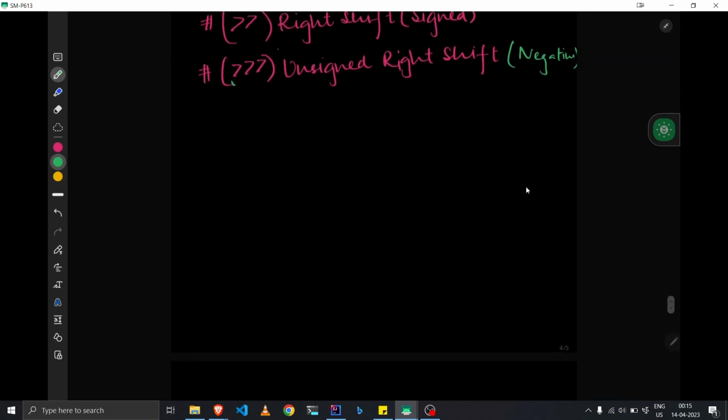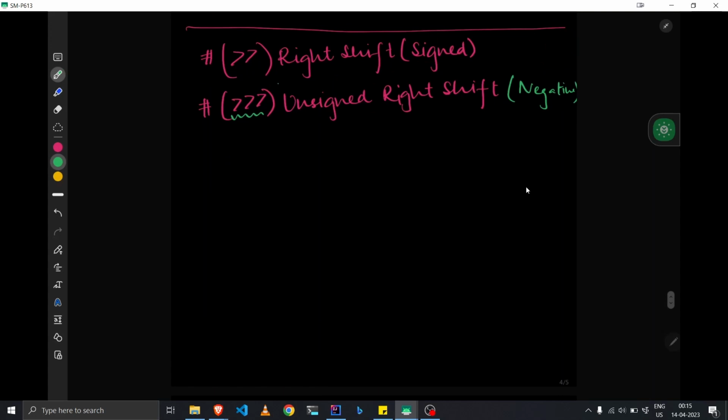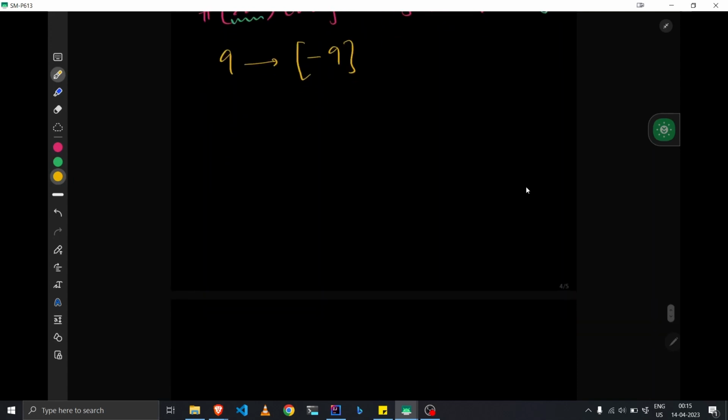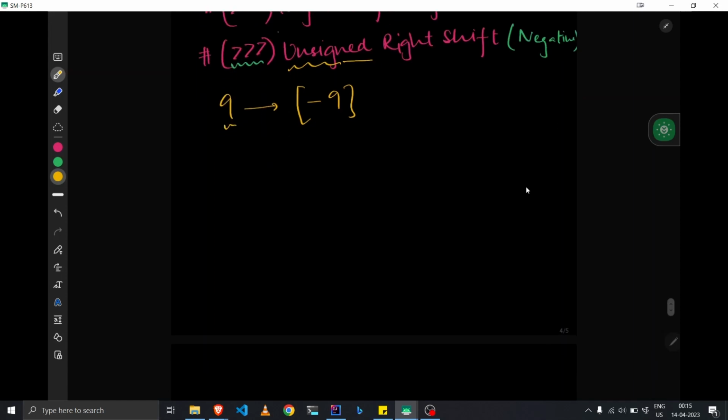But I'll explain with an example so that it would be easier to understand. Let's take the 9 we had and convert it to negative 9. So we will be using negative 9 because unsigned works the same with a positive number, but with a negative number it works differently.